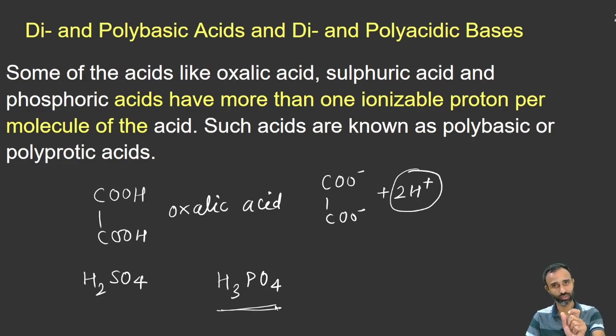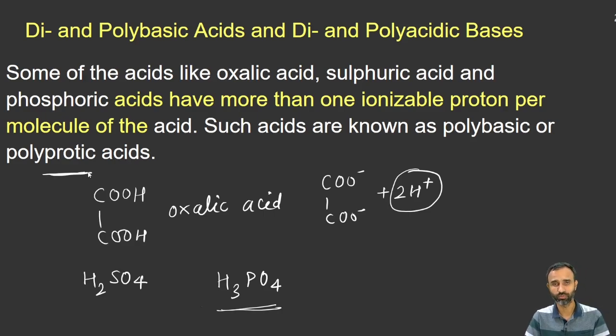I think you got an idea what is dibasic acid, which gives 2 H plus ions, what is tribasic acid, which gives 3 H plus ions, and tetrabasic and so on, polybasic, which gives more number of H plus ions. If it gives only one H plus, that is called monobasic acid. So these are called polybasic, or sometimes we can call it as polyprotic.